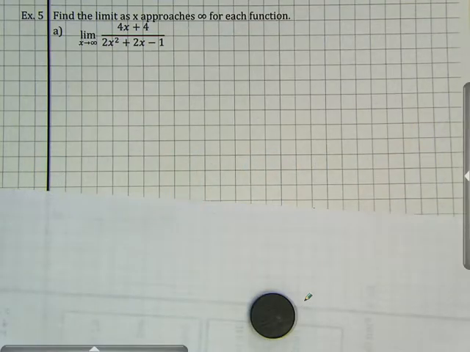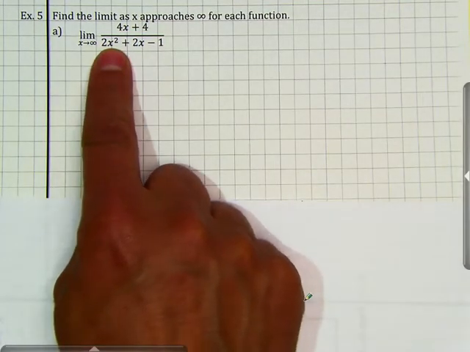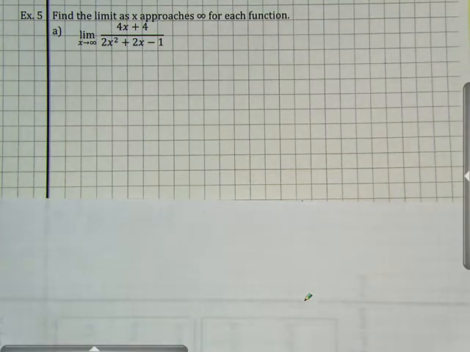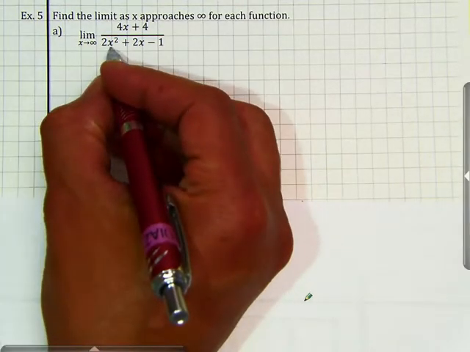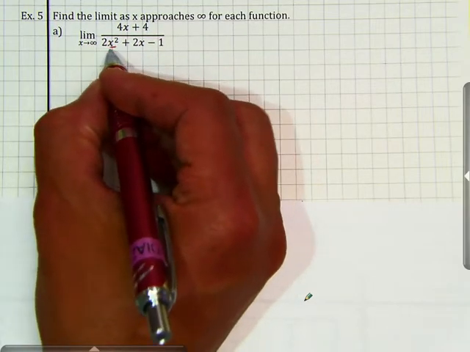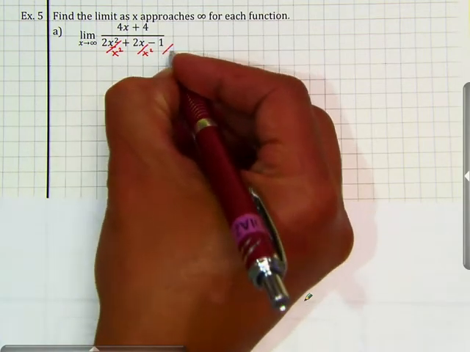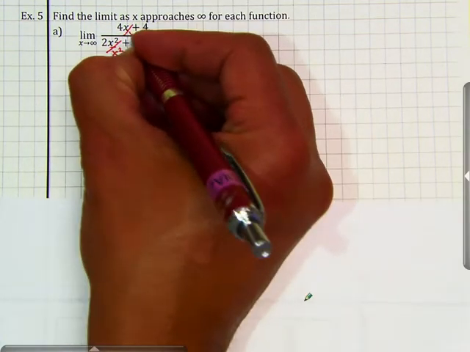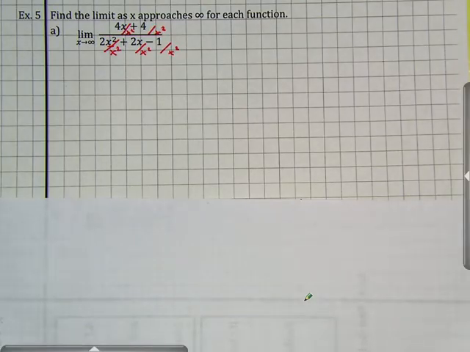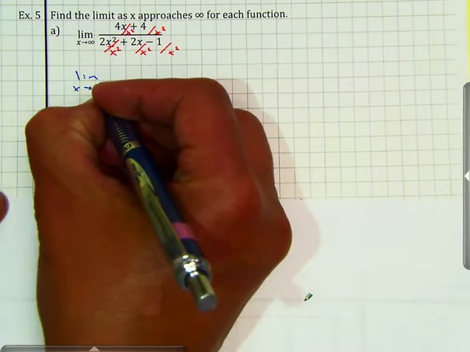So to be able to calculate the limit as x approaches infinity, we're going to have to do it by hand. I'm going to look for the biggest exponent. In this case, it's x squared. So I'm going to divide the numerator and the denominator by x squared, and simplify. So I have the limit as x approaches infinity.